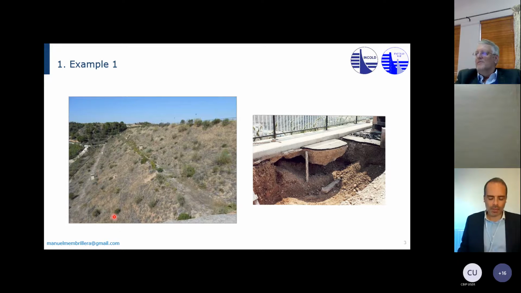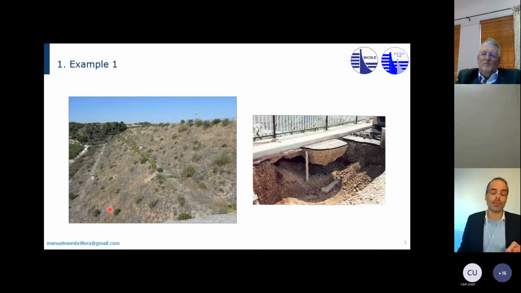And also another problem is the filter for the dam was not properly designed, and it was not properly implemented. And this was noticed even during the construction.